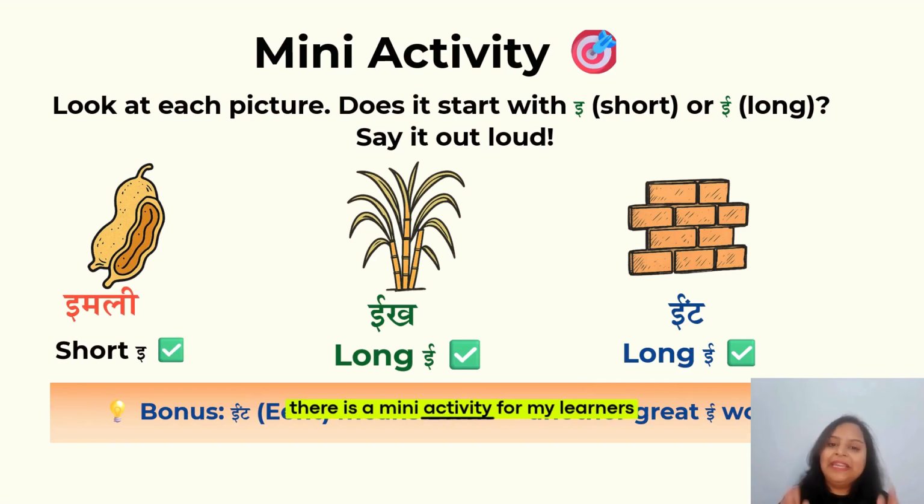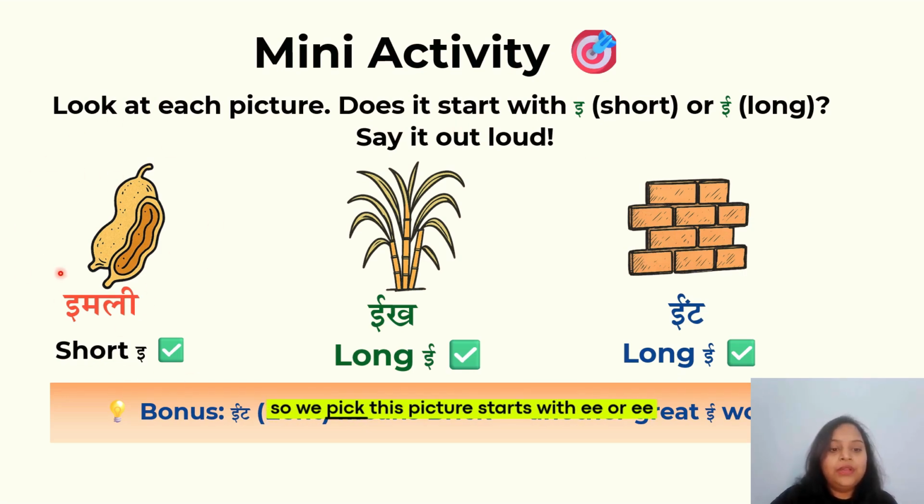Now there is a mini activity for my learners. Look at each picture and tell me, does it start with E short sound or E long sound? And say it out aloud.